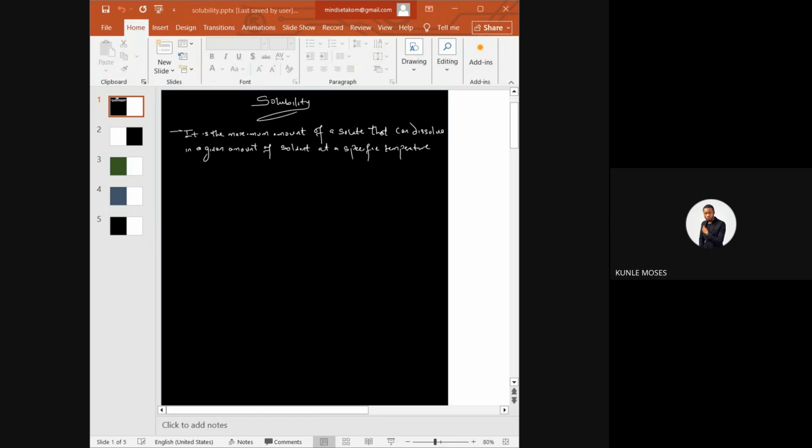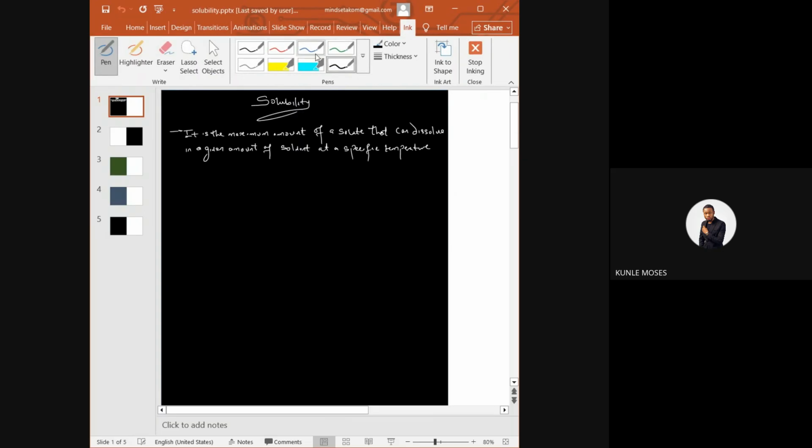The solution is the overall mixture, the homogeneous mixture. That is when you mix the solvent and the solute together, what you have is a solution.